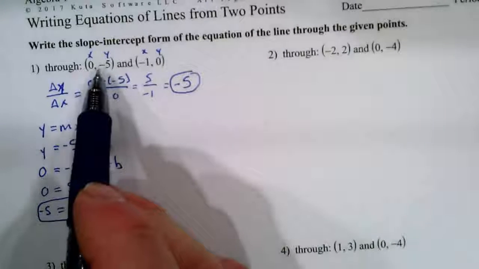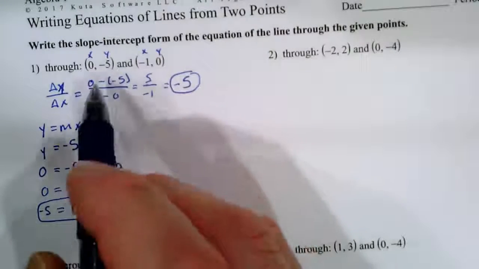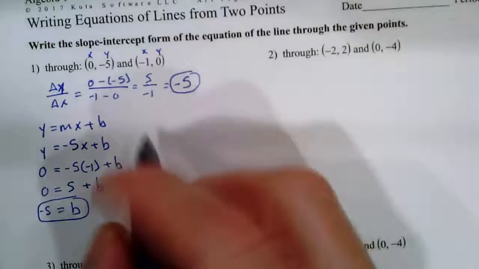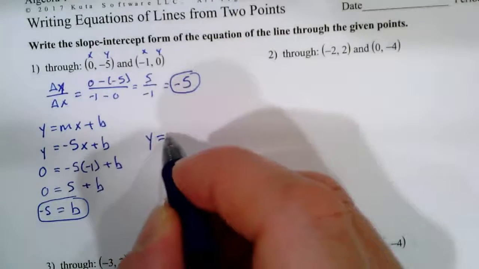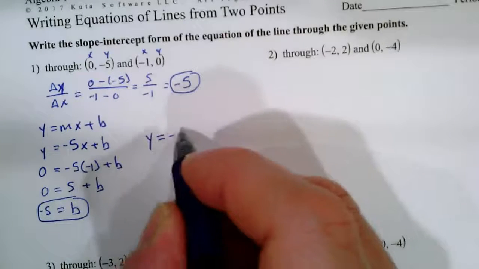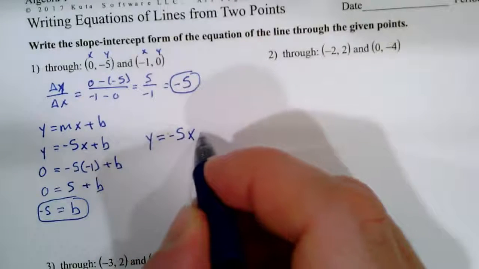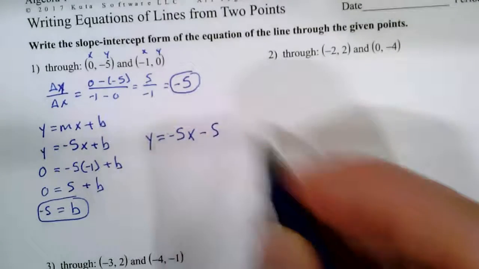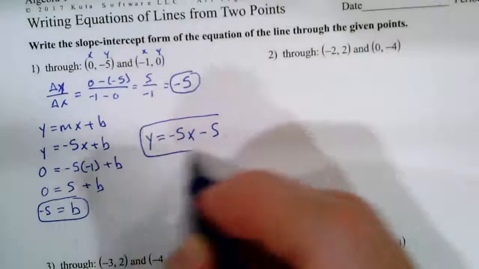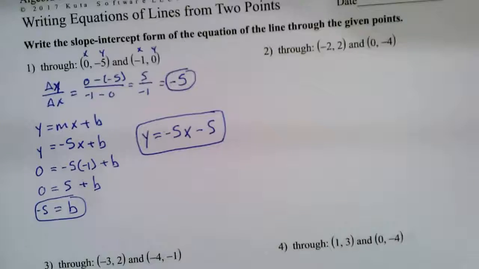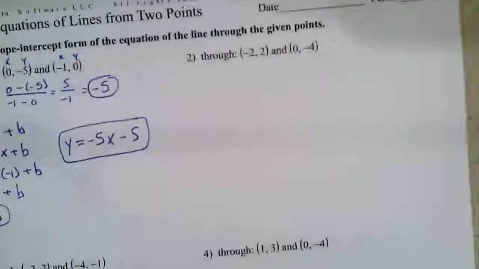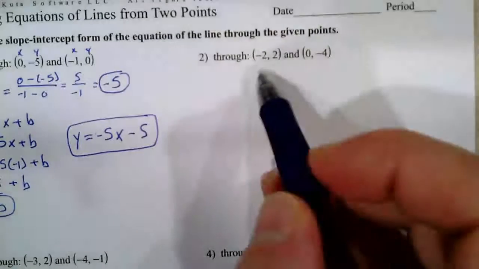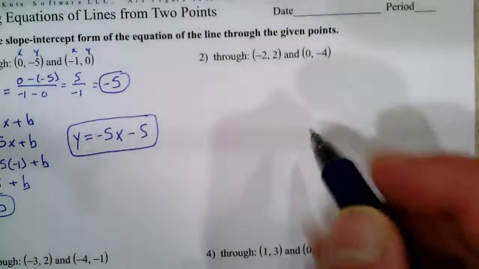You can see if I had used the other point, we would have ended up with the same thing. Alright, y equals our slope, which is negative 5, x, and then plus b, but since it's a negative 5, I'll write it as minus 5. There's our ending equation.